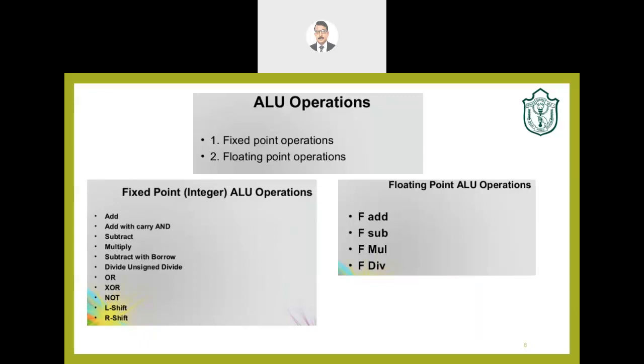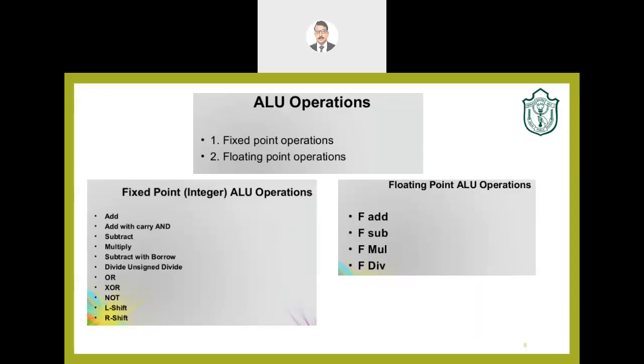ALU operations are of two types: fixed point operations and floating point operations. Fixed point or integer ALU operations are add, add with carry, subtract, subtract with borrow, multiply, divide, unsigned divide, AND, OR, XOR, NOT, left shift or right shift.